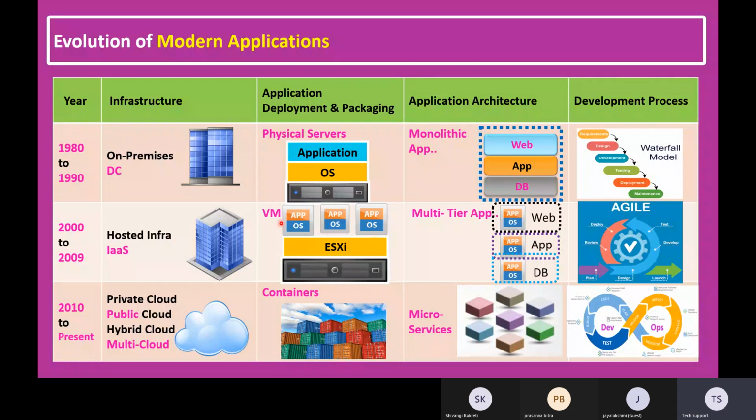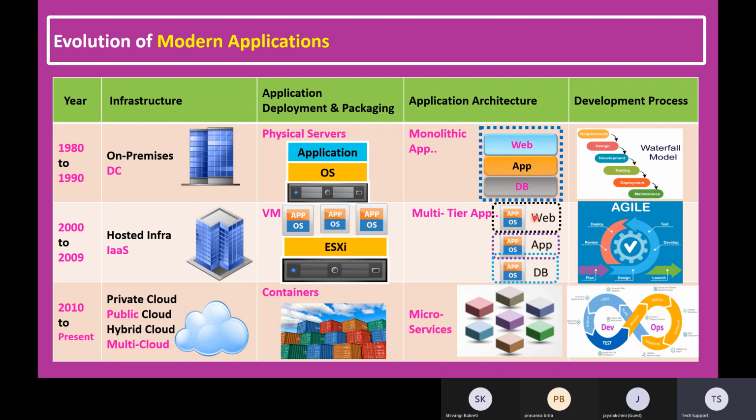From the architecture perspective, in virtualization we can prepare applications as multi-tier applications. But before multi-tier, in our traditional concepts, we configured all the applications as monolithic applications, meaning web, app and DB all run on a single server. In the virtualization scenario, the application layer is enhanced to multi-tier: two-tier applications, three-tier applications, and so on.